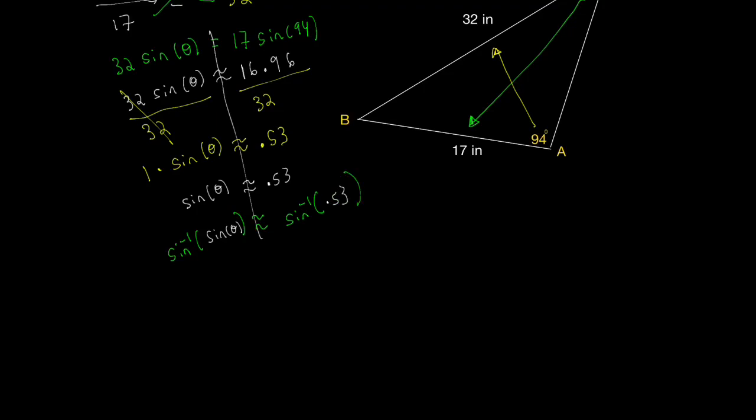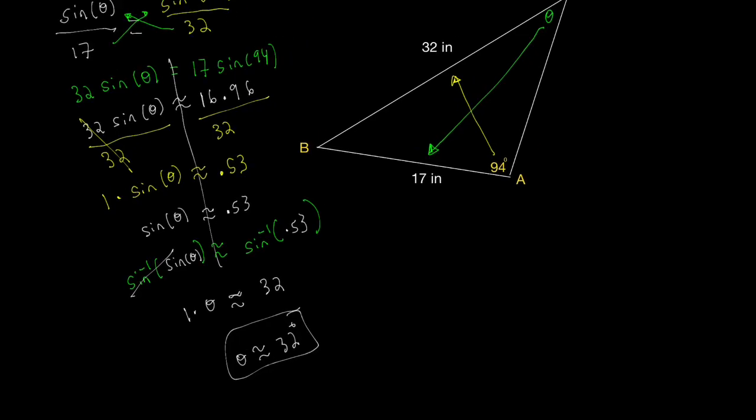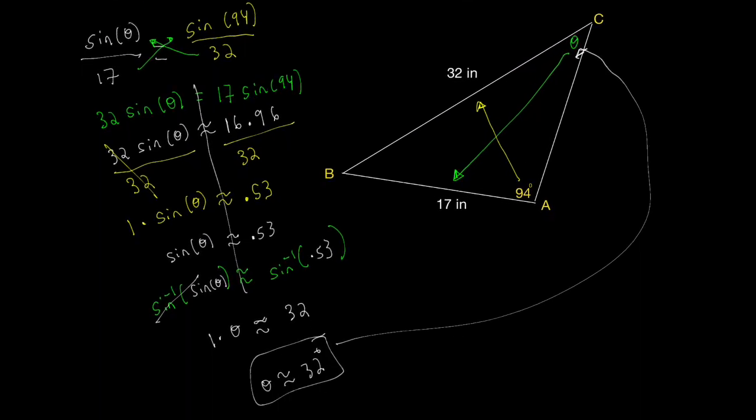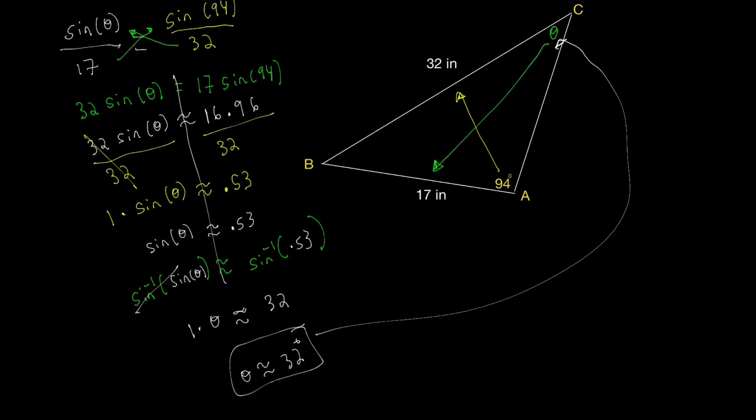On the left, the sine and the sine inverse cancel out, so theta is going to be isolated. We get 1 times theta approximately equal to 32 degrees. So I get that theta is approximately equal to 32 degrees. And that is the measurement of this angle. Alright, that's it. So finish the assignment, and I'll see you next time.